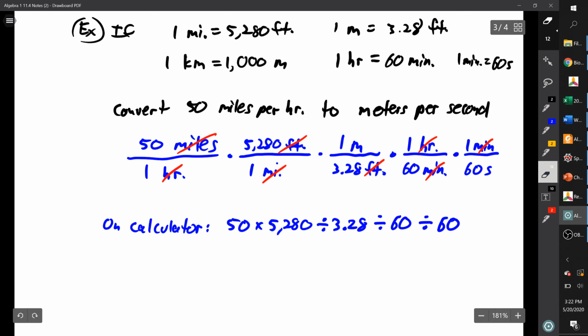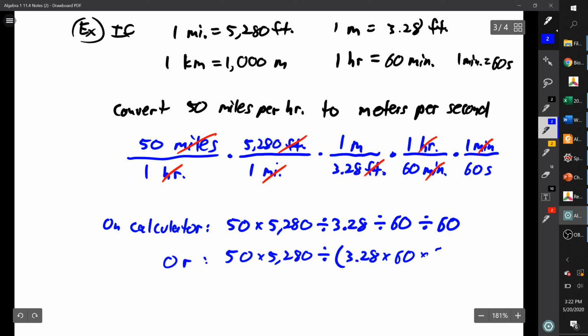The other way of doing that is using parentheses. You could do 50 times 5,280 divided by parentheses 3.28 times 60 times 60. Putting all this in parentheses with the division sign in front of it says we're dividing by all of this.